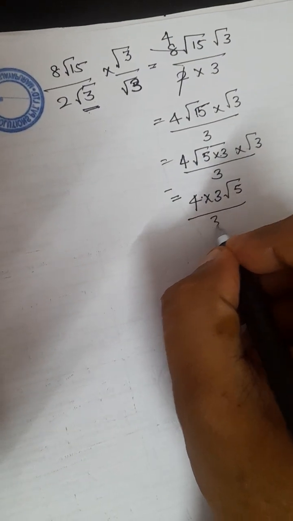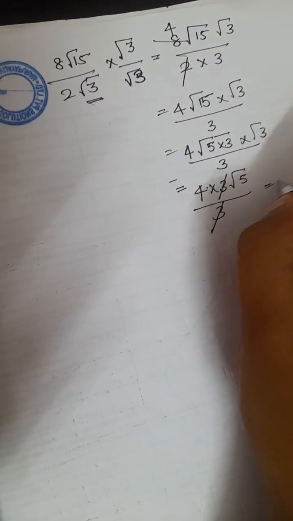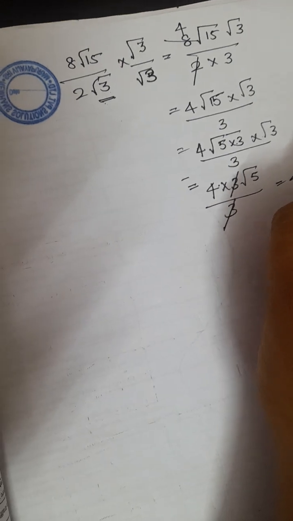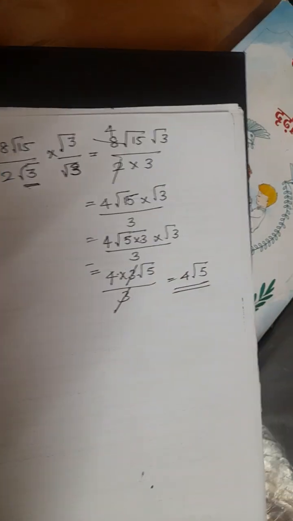Divided by 3, this 3 gets cancelled with this, so you are left with 4 root 5.